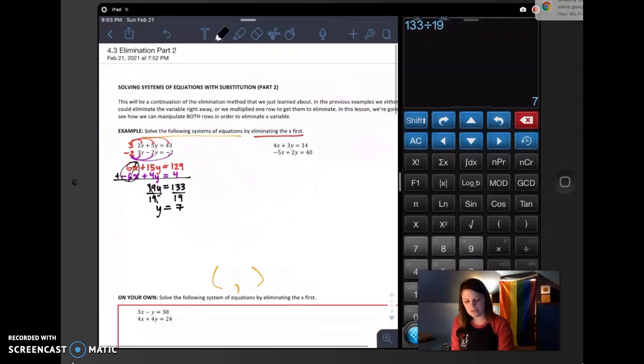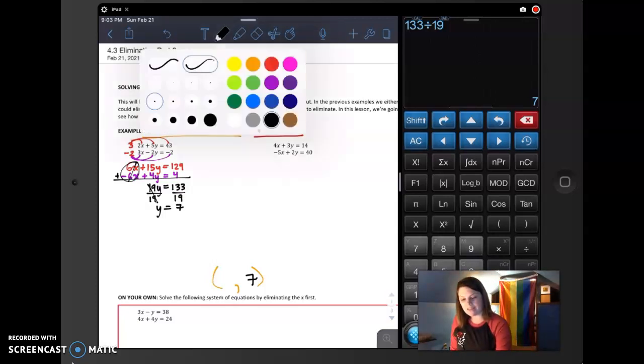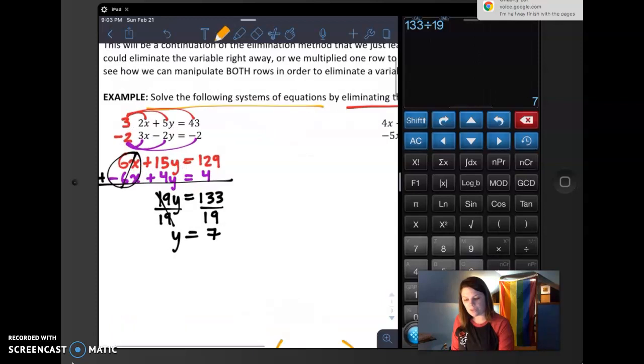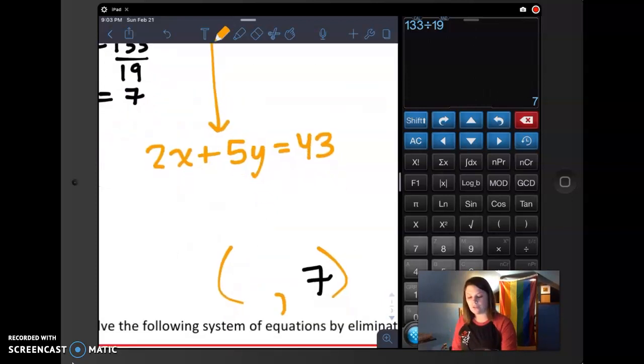All right. So here we solved for the y first, and we're going to keep going. We have to go back up and get the x. So by now, hopefully you guys realize that I always come up and grab the first original equation. You could use any equation on this paper. You could use the first, second, third, or fourth.